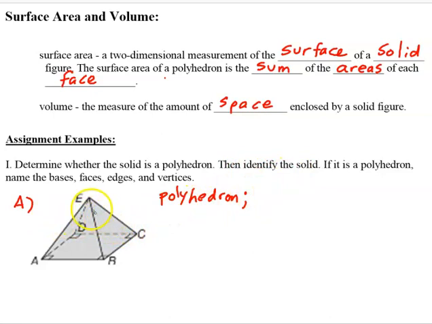And now we're going to get specific and identify it. The way we identify this is, first of all, by its base. It has a rectangular base. I mean, technically it's a square, but you just have to be general. It is a rectangular base, and it's also a pyramid. So we would call it a rectangular pyramid.